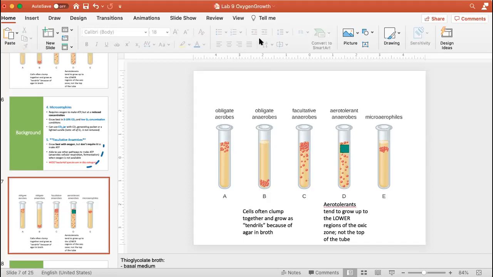Now, one other thing to note about bacteria growing in thioglycolate, I wish that the actual tubes in real life grew exactly like those diagrams, but they don't. And part of the reason they don't look exactly like those diagrams is because bacterial cells tend to clump together when they're growing.